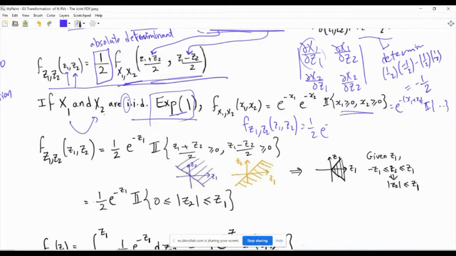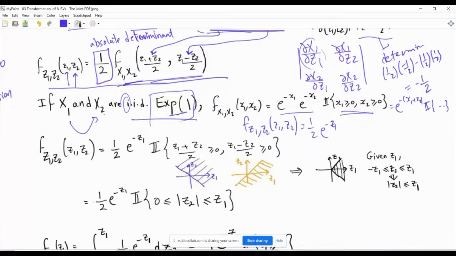What is x1 plus x2 by definition? It is z1. And since you are replacing your variables, this is what I was talking about when we discussed the sum of two random variables and the ratio of two random variables. The indicator is important. Some people will write just the exponentials, and keep in mind that the random variables are non-negative. You can do things totally in your head and then write down the result correctly.